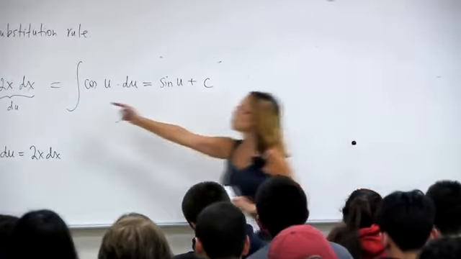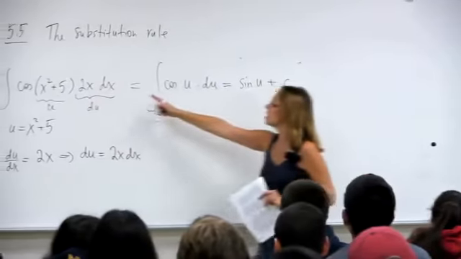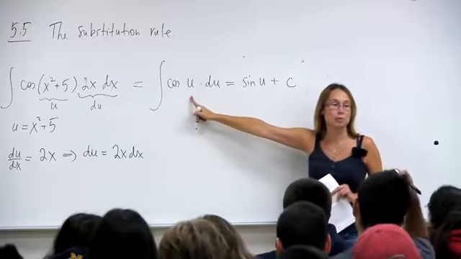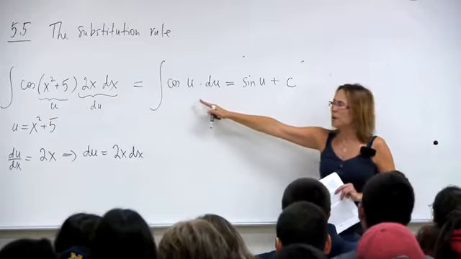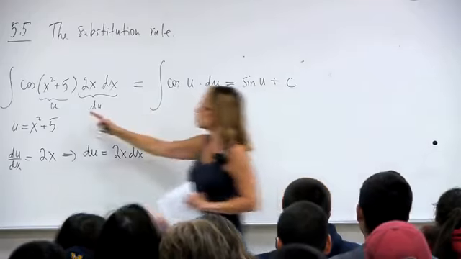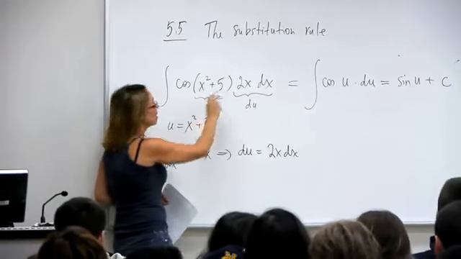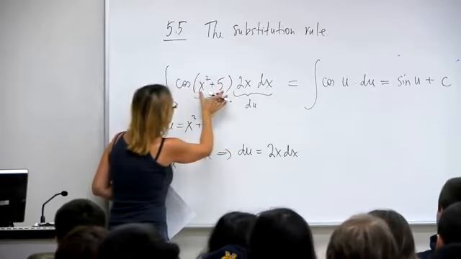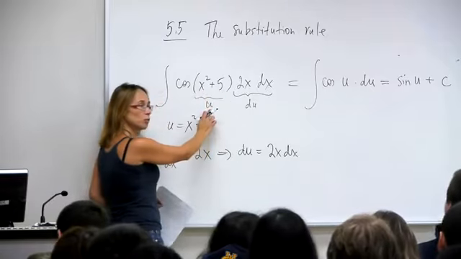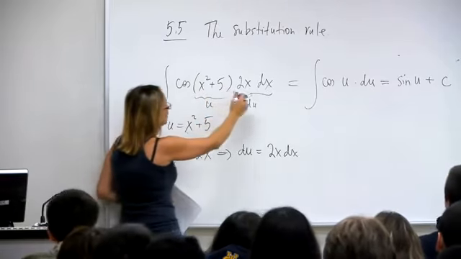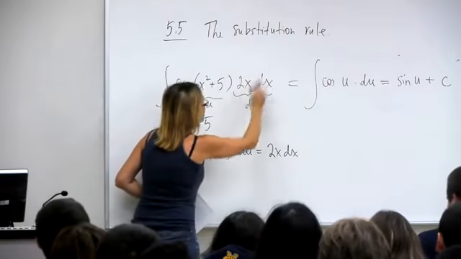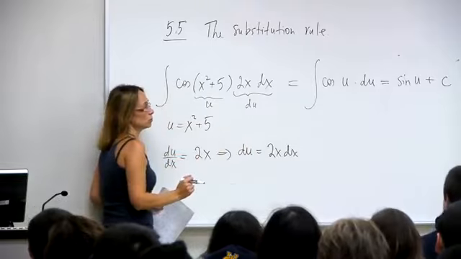Okay, so we start from something very complicated and we reduce it to something very simple by playing with a change of variables. Our old variable was x. I recognize this combination x squared plus 5 as a new variable u. And I identified the rest of it as a differential of u.